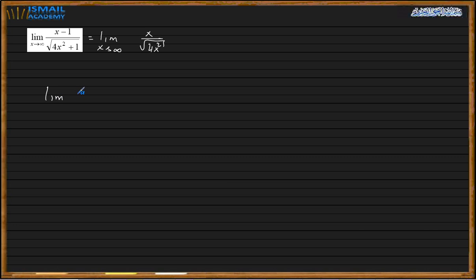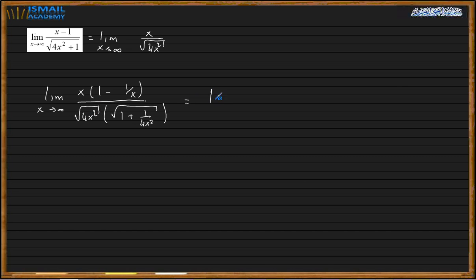So it's going to be x times 1 minus 1 over x over square root of 4x squared times square root of 1 plus 1 over 4x squared when x goes to infinity. So here again I have a square root of x squared, so I can simplify here.